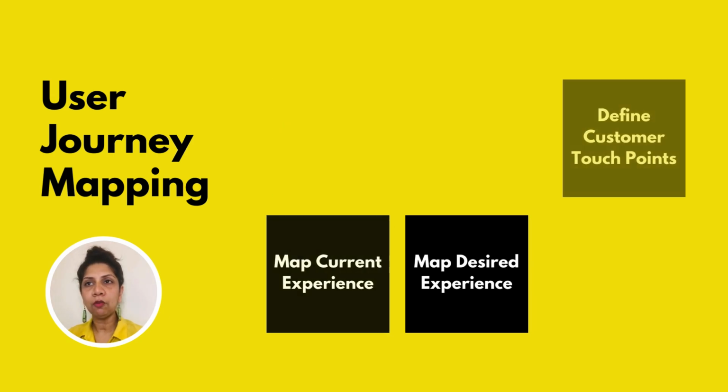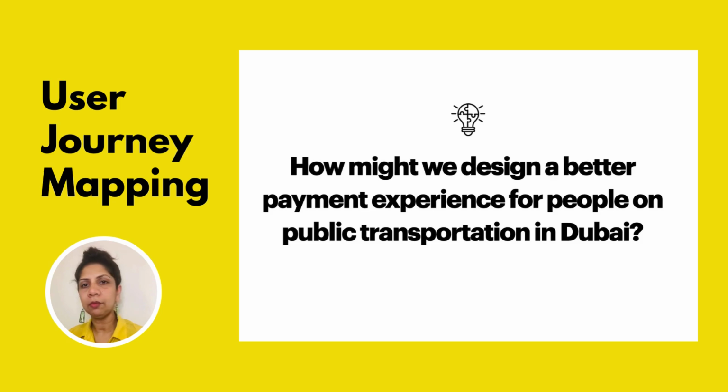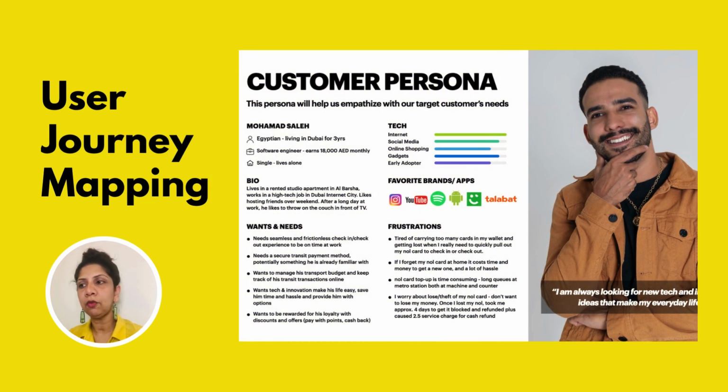So a little bit of groundwork, where we know our problem statement, we know our persona, we know the scenario our persona would be using our service or product in, and knowing bits and pieces about our persona, such as their demographics, likes, dislikes, their insights, their pain points, and their frustrations.